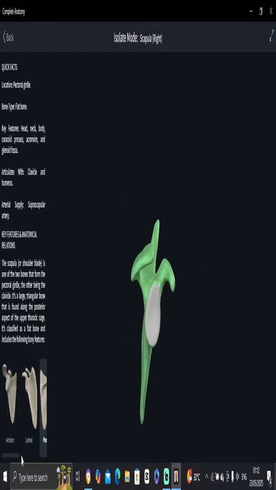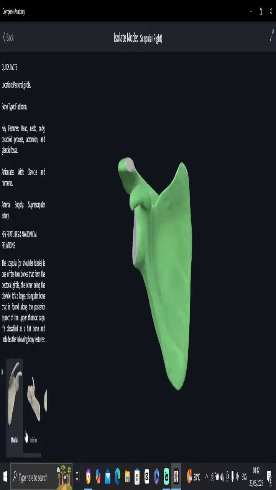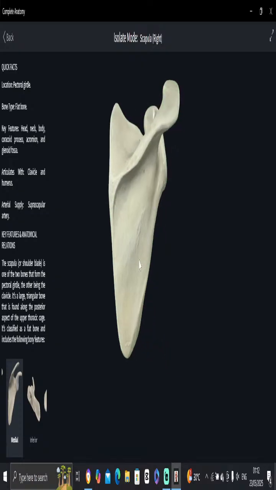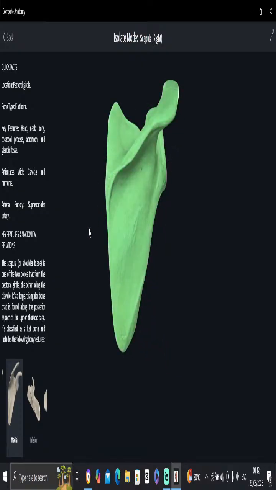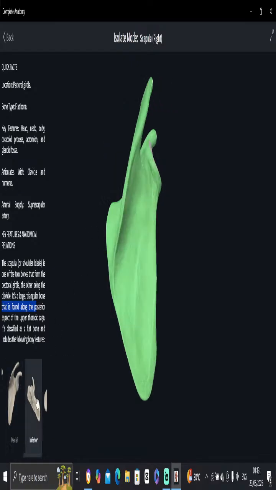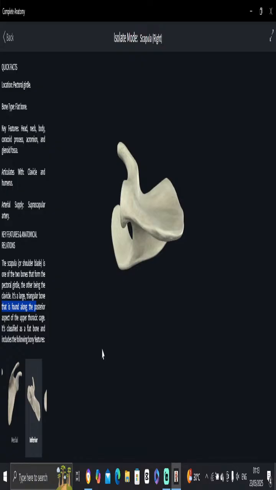So that's the posterior surface of the scapula. If we go to the medial surface, you can see the medial border is thin. It provides attachment points for important muscles like the rhomboids, the serratus posterior, and the levator scapulae, which of course elevates the scapula.